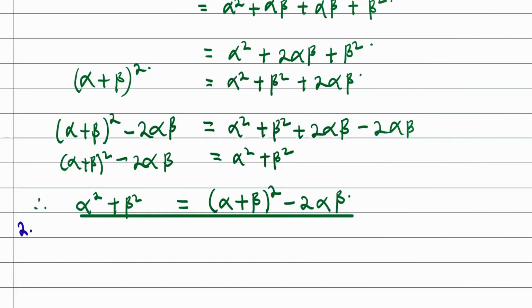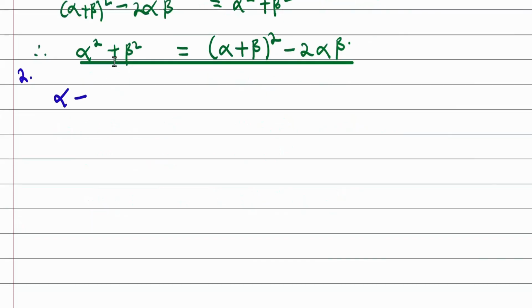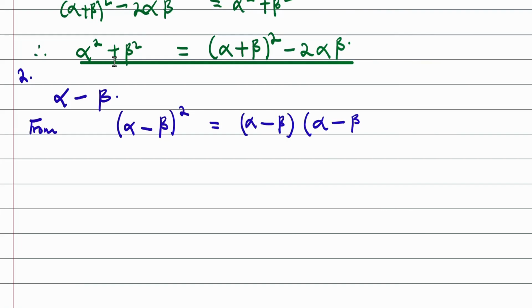We can go for number 2. The expression is alpha minus beta, and from alpha minus beta, the whole of it squared, is the same as alpha minus beta multiplied by alpha minus beta.